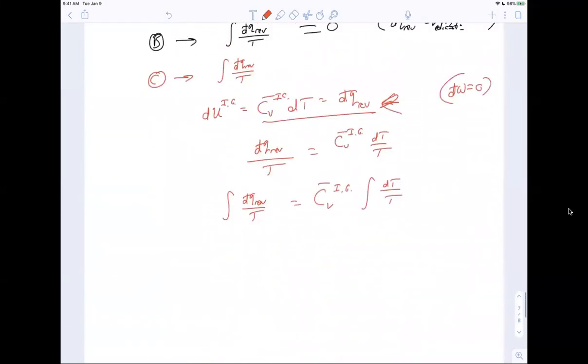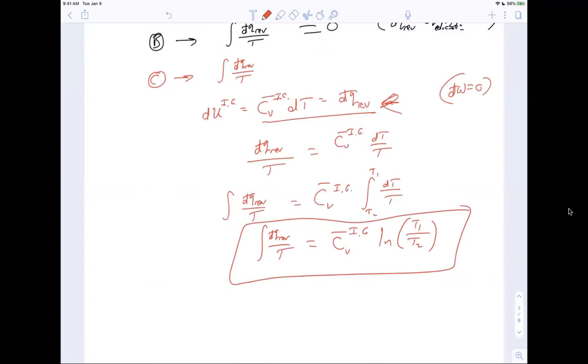So this is just Cv bar ideal gas natural log T1 over T2. That's what this integral of dq reversible over T turns out to be for that process, the red one. Okay, did everyone follow?